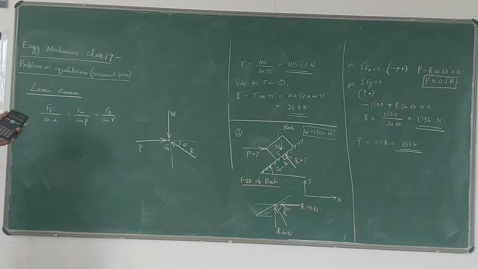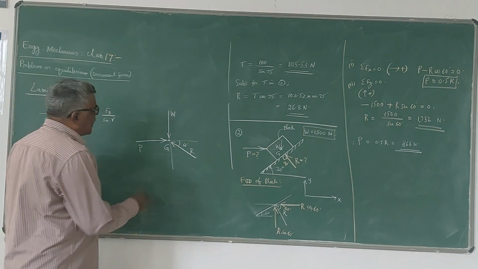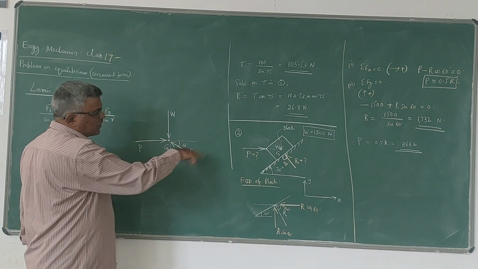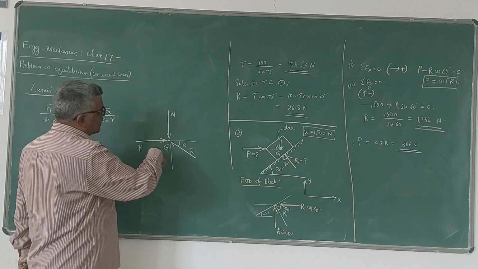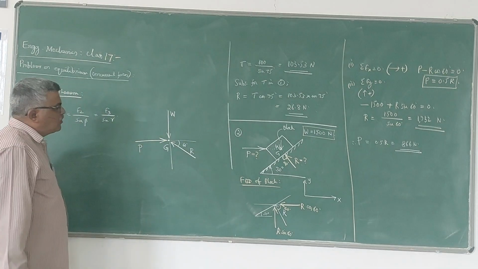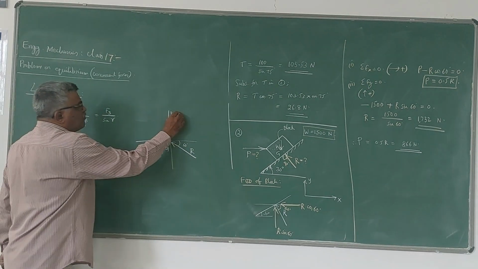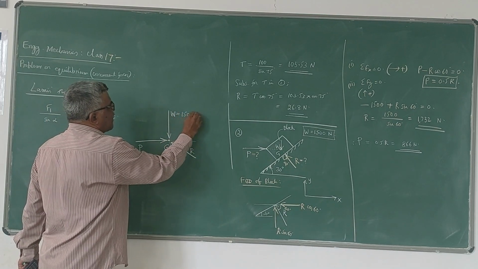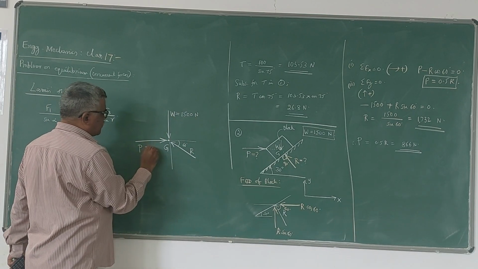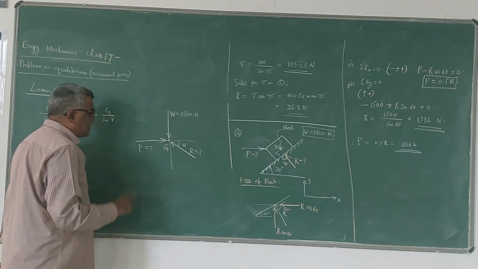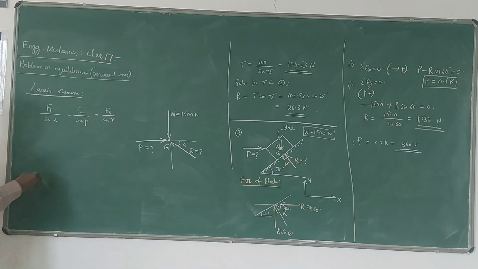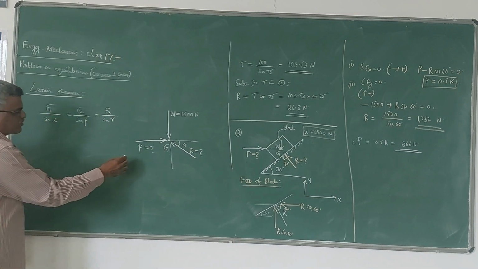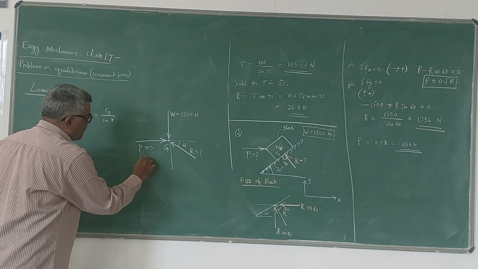Now these 3 forces are acting at G, and the block is in equilibrium under the action of these 3 forces. Now W of course is known, 1500 Newton. So we have to find out this P and R. Let us use this Lami's theorem. I will take F1 as P. This is F1.